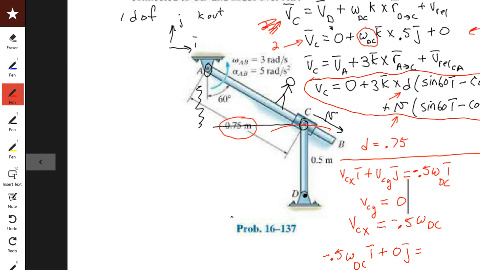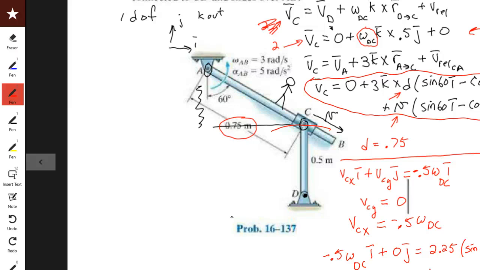It'll be 3 times d. d is 0.75, so that looks like that is 2.25. Let's see, sine of 60 i minus cosine 60 j.